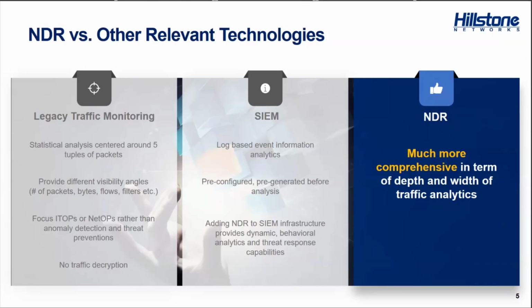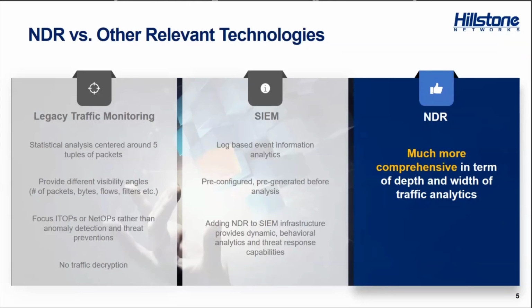We usually all have these traffic monitoring pages, so we can view the traffic coming through the devices. Legacy traffic monitoring is mostly centered around the 5-tuple of the packets: source and destination IP, source and destination port, and the service, and maybe some additional NetFlow information.